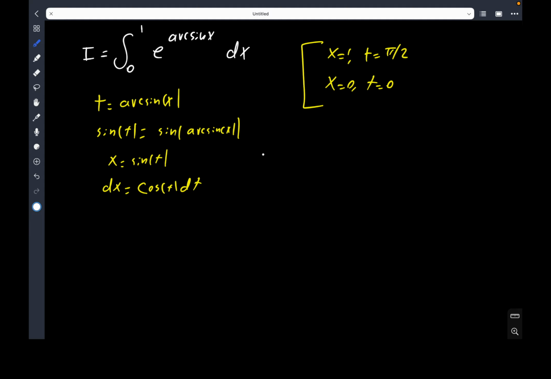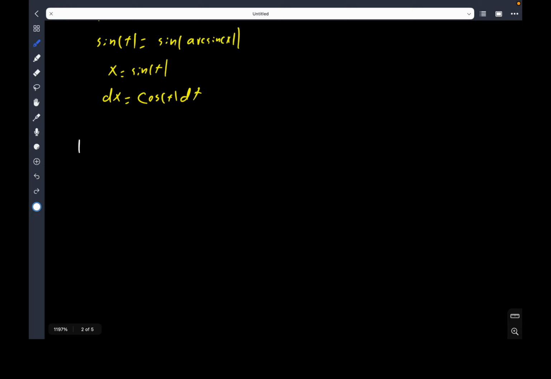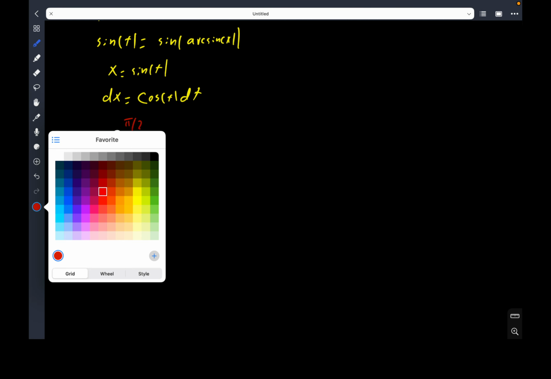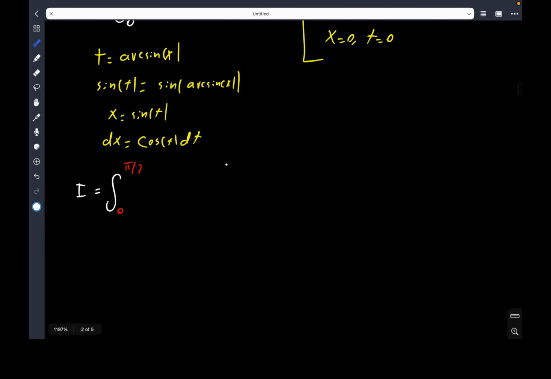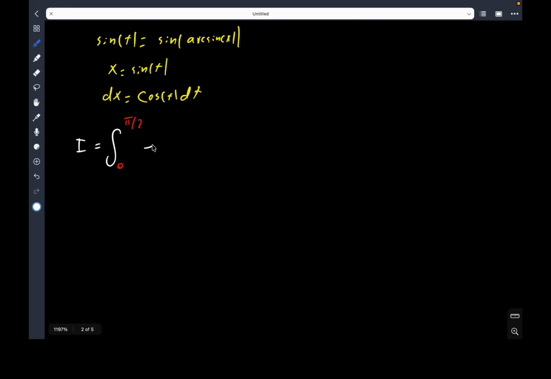So with this new method, I can change my bounds in this integral. I'm going to put the changed bounds in red, and we get e to the t, sorry, e to the t cosine of t dt.